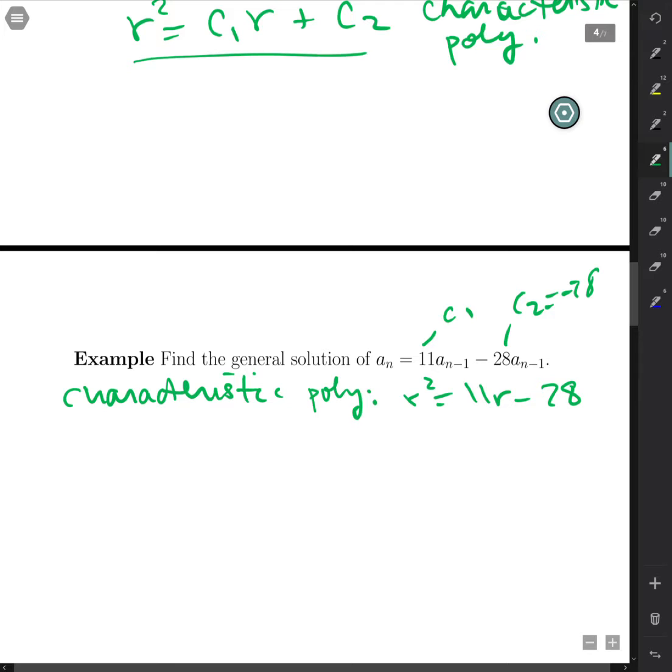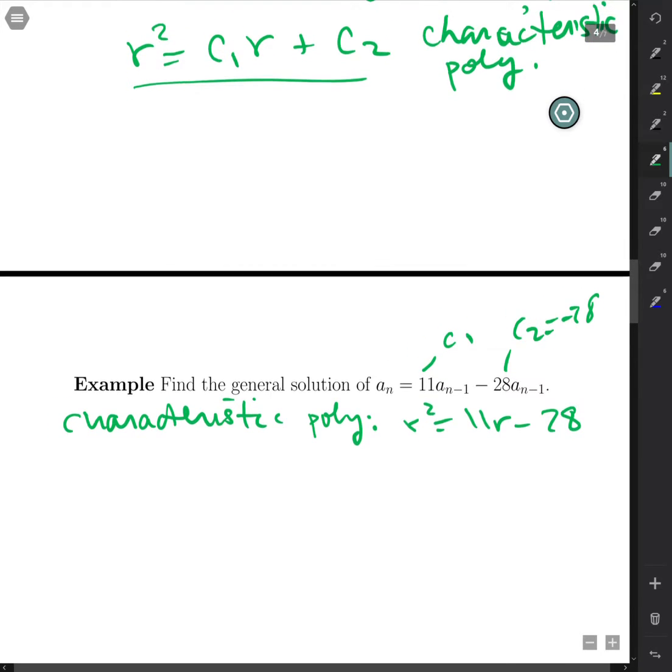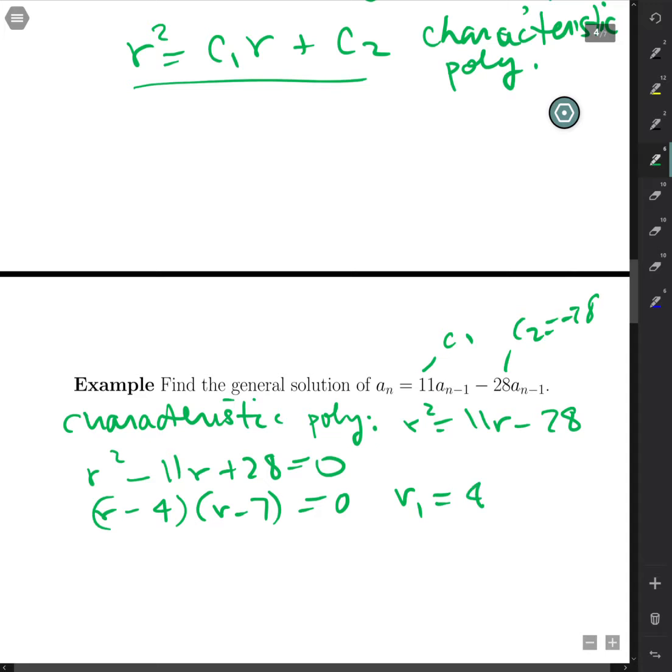If you want to scroll back up and see, it's right there in front of us: r squared is c1 r plus c2. And we need to find the solution, so I'm going to rewrite that as r squared minus 11r plus 28 is equal to 0. And that's factorable. (r minus 4)(r minus 7) is equal to 0. So r1 is 4, r2 is 7.